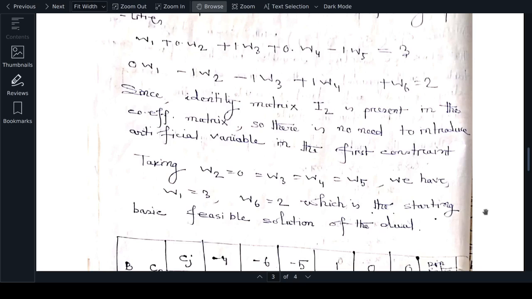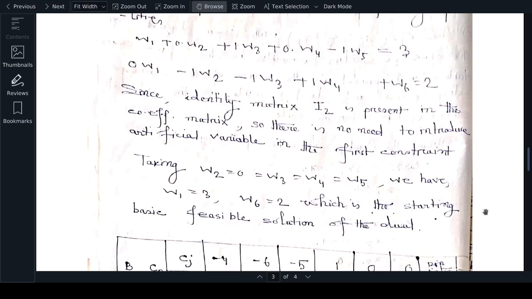Then S1, S2, S3 are not equal to 0, and the remaining are 0, because S1, S2, S3 give us the identity matrix of order 3. So this gives us the basis matrix. Then these are called the basic variables. So here W1 and W6 are the basic variables.